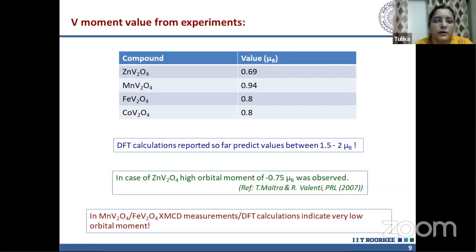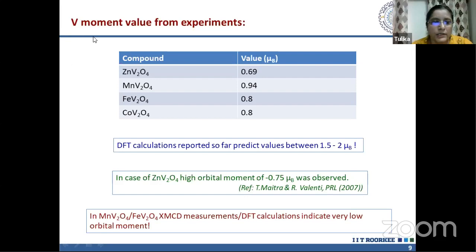Okay, so in all these compounds, zinc vanadate, manganese vanadate, FeV2O4 and CoV2O4, the important thing that we see here is that the moment is much less than the expected 2 μB, which is expected from the V3+ state. So this is something not possible to explain by traditional DFT calculations, which predicted between 1.5 to 2 μB.